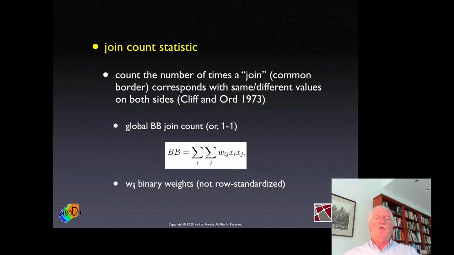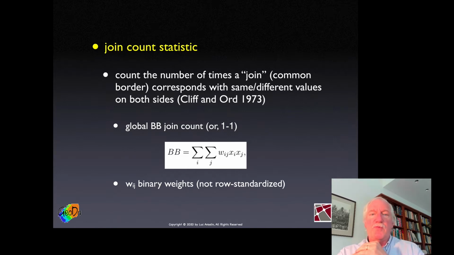The classic join count statistic, as I mentioned, described in the book by Cliff and Ord from 1973, counts the numbers of joins, the number of situations where there's a common border, and it looks at the values on both sides. And the global BB join count statistic counts the number of joins where a 1 is next to a 1.